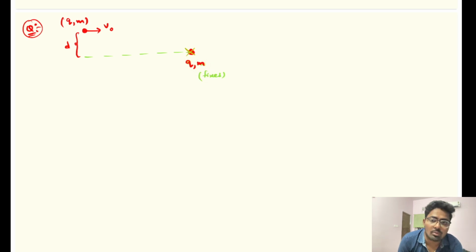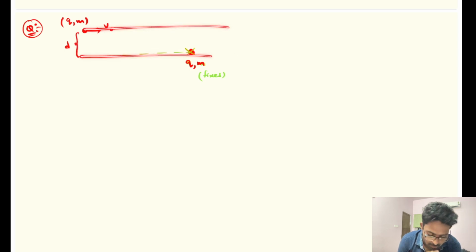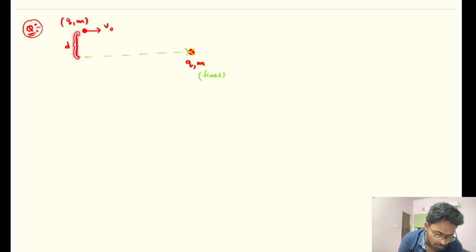Another charge is free to move, and the distance between the two parallel lines, the line of motion of this particle and the fixed one, is given as d. Initially it is very far from this charge, that means indirectly you can consider it at infinite distance.